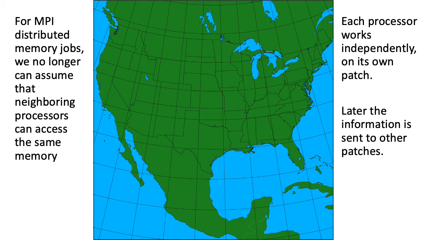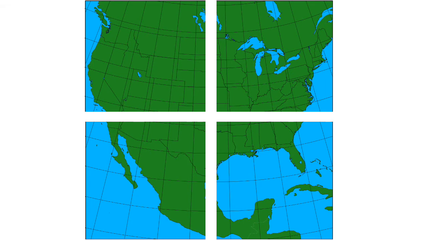For MPI, the processors are fairly independent in their own computational space. However, because this is a model that has horizontal differences, eventually we're going to have to send information to the next door neighbor. The domain is split into multiple pieces, and as opposed to shared memory processing, we can't just say that the section of the subdomain in the upper left-hand corner can grab hold of information in the upper right-hand corner along a neighboring boundary if it requires it.